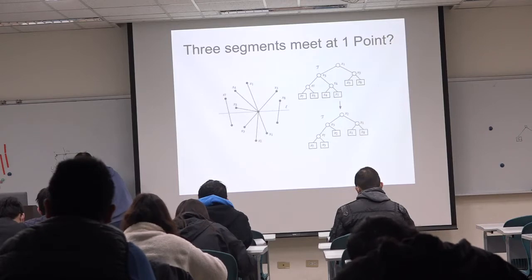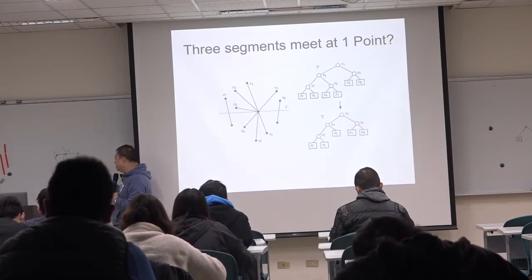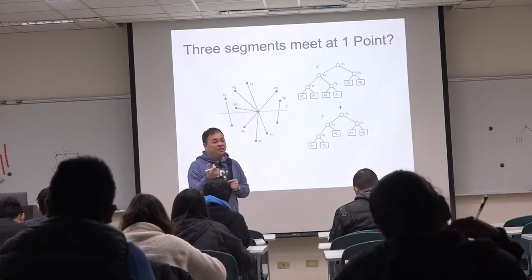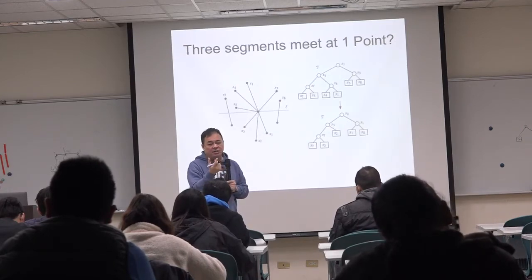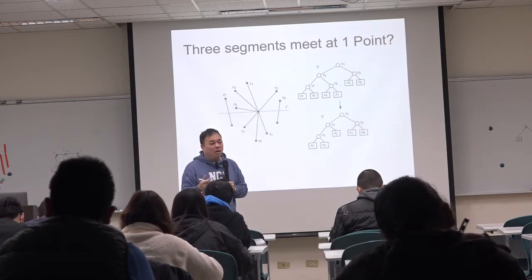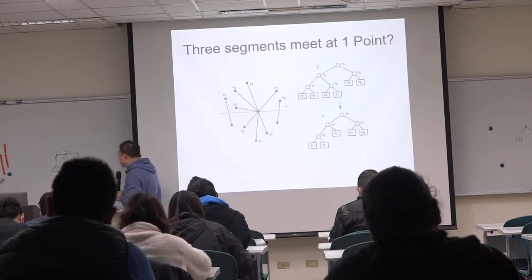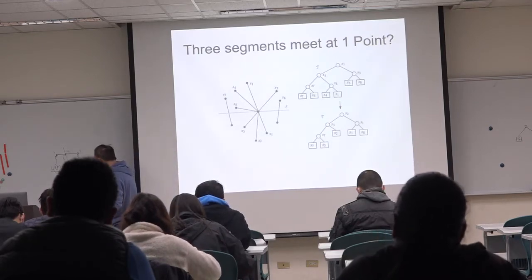These two intersections happen at the same x coordinate value, but they are provided by two different sets of segments. Same thing here: we are going to deal with this point first, and then this point.